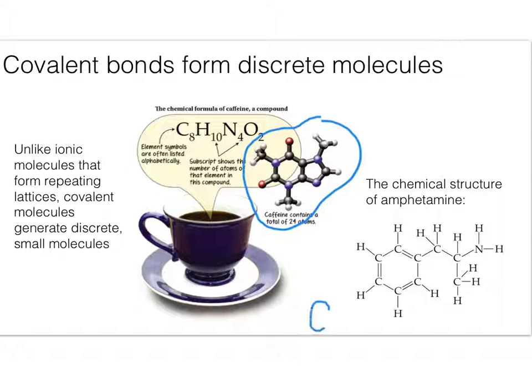So we have C9, 9 carbons, and we have, let's see, 1, 2, 3, 4, 5, 6, 7, 8, 9, 10, 11, 12, 13. We have 13 hydrogens, and it looks like we have a single nitrogen. And so the chemical structure of amphetamine, whether it's on the street in Chicago or made in Bangladesh, it doesn't make any difference. It's still C9H13N.